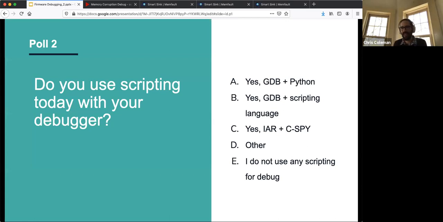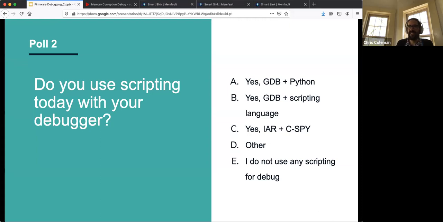My second poll, or my second thing I'm curious about, is if you've been doing debugging, have you gone about scripting the process and looking at it? And if so, what do you use? So we'll launch a poll here, and I'm curious to hear what you do.